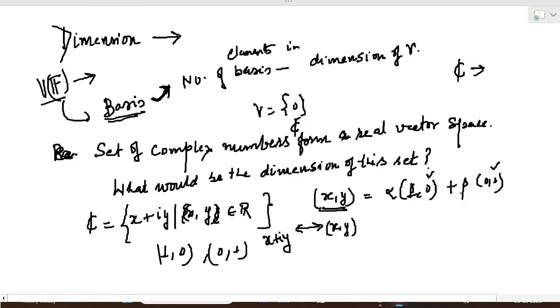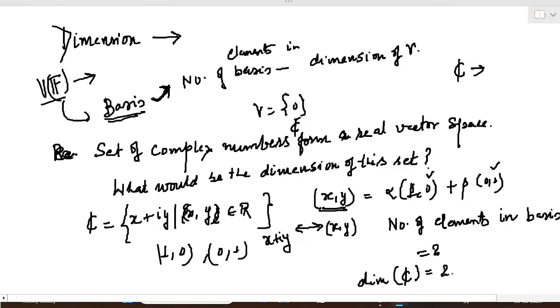So number of elements in the basis is what? 2. And this is something that we've already proven. They form the basis. So number of elements in the basis set is 2. So clearly, always remember the dimension of this set is equal to 2. I hope it is clear.